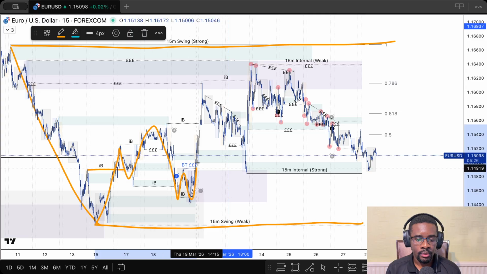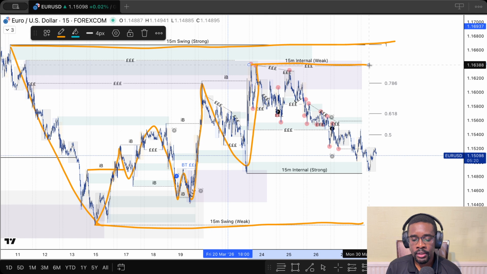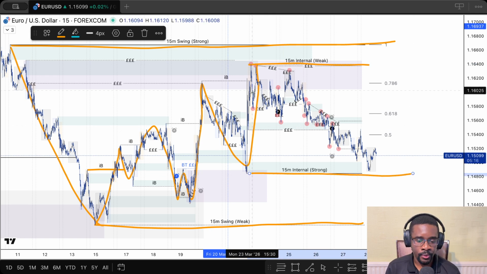Switching bullish, switching bearish, switching bullish, switching bearish, and then we had this week internal high. This was our last area that's still being respected. So internal on the 15-minute is bullish, and then our swing is bearish.